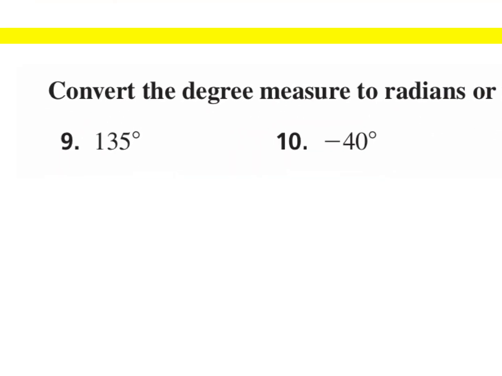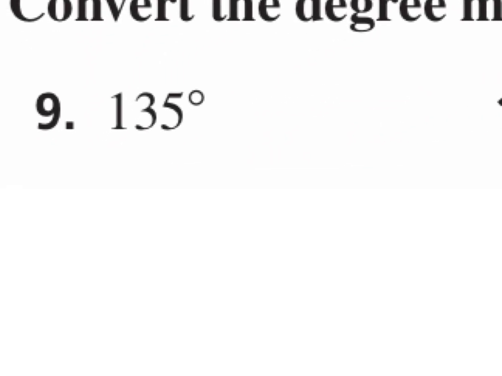So let's convert some more. For number 9, we have 135. Is this in degrees or radians? Degrees. So how do we change it to radians? Pi over 180. So we have 135 pi over 180. How can we simplify? What goes into 135 and 180?